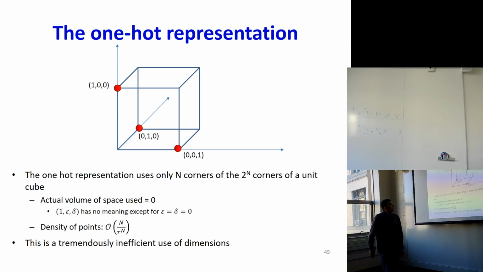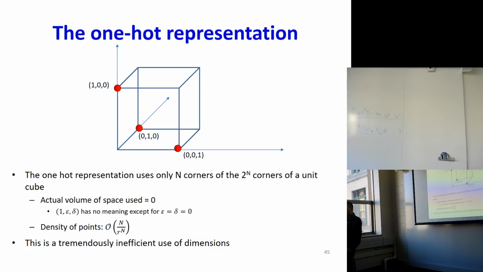The one-hot representation only uses some corners of the unit hypercube. It uses an n-dimensional space, but only n corners of the 2^n-corner hypercube, and each input is just a point. So the total volume consumed by all of your possible inputs is 0.